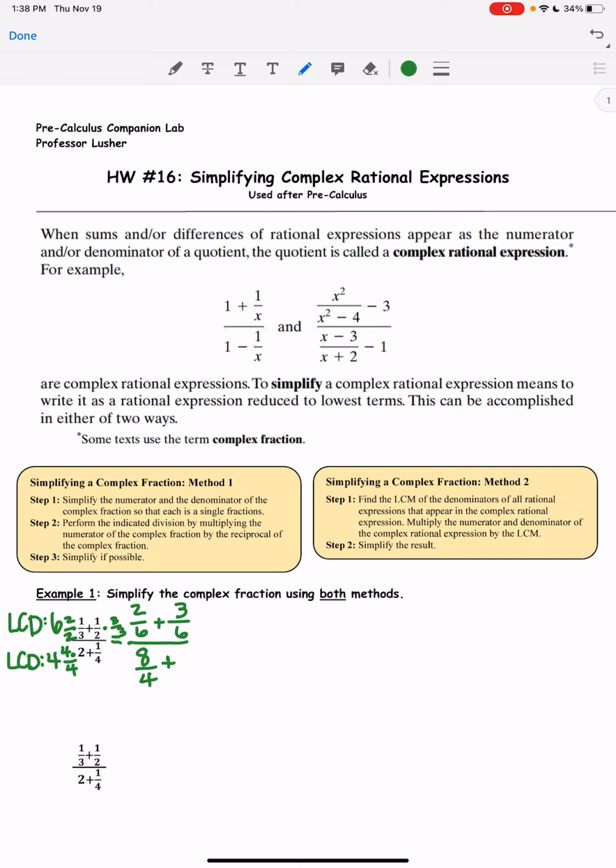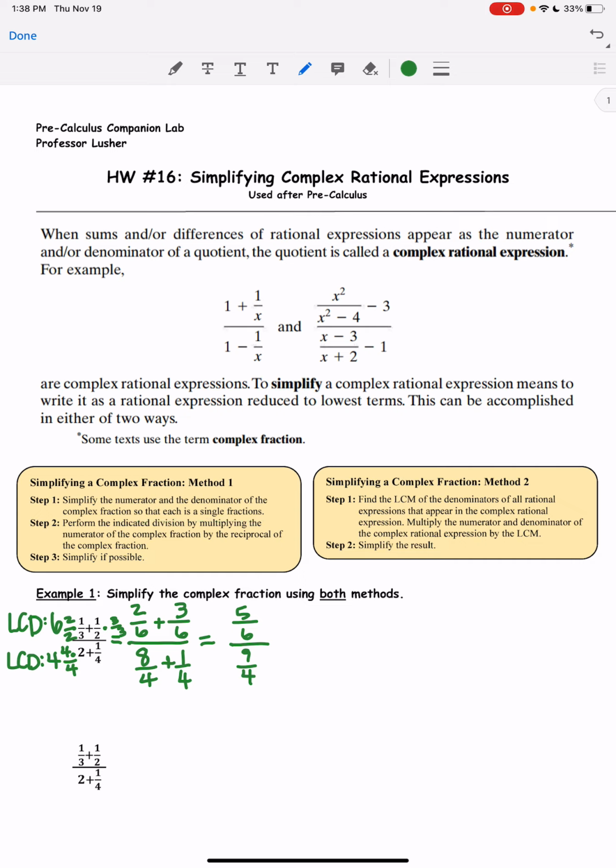And then plus that 1/4, that's good. So now I can add them. So 2/6 plus 3/6 gives me 5/6. 8/4 plus 1/4 gives me 9/4. And so now I have a single fraction in the numerator and denominator.